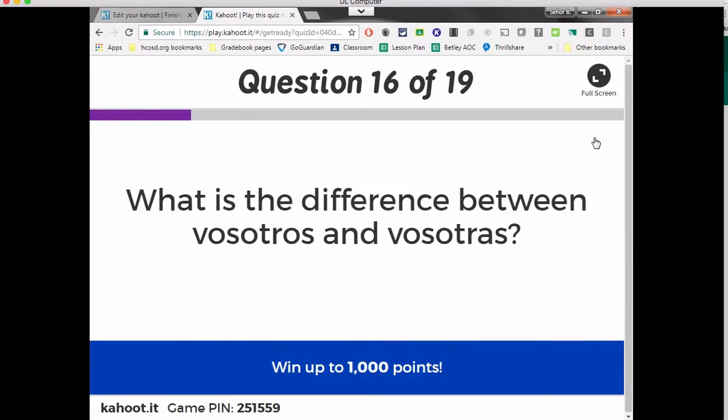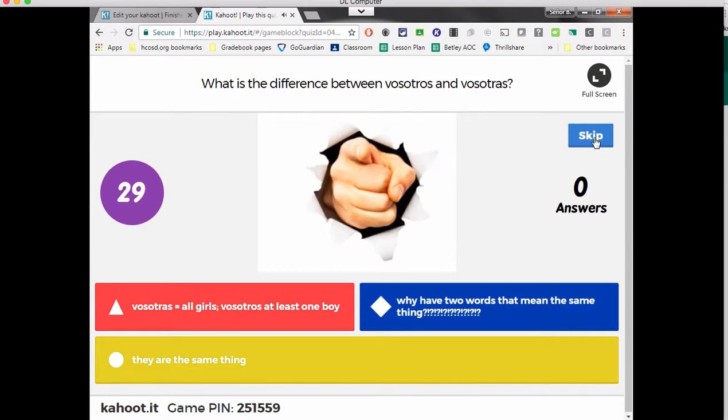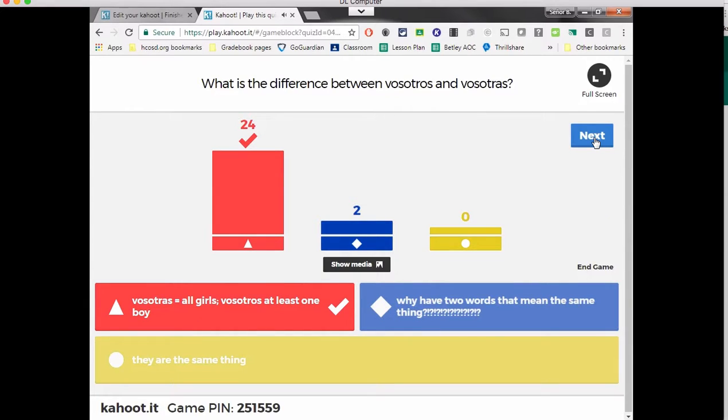Now, what's the difference between vosotros and vosotras? They are same rules.